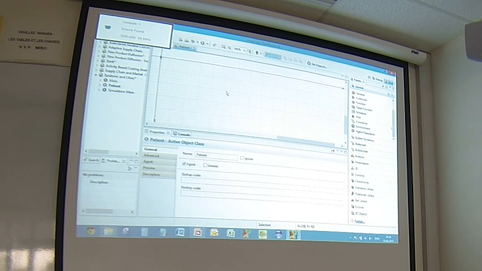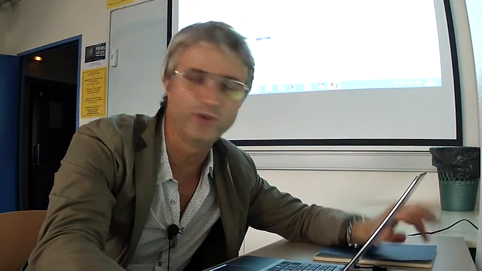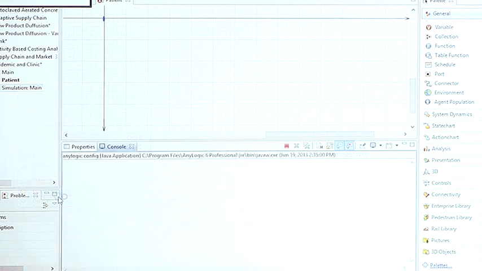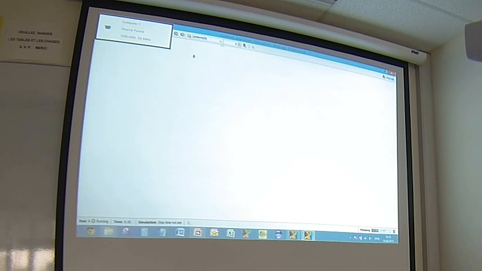These are the internals of my agent, Patient. So far, the only thing I have here is the animation of the person shape. No behavior, nothing. If I run this model, I will have just a rectangular space filled with people doing nothing. I can look at each individual person, number 0, number 1, etc. So they're here, but there's no dynamics in this model.